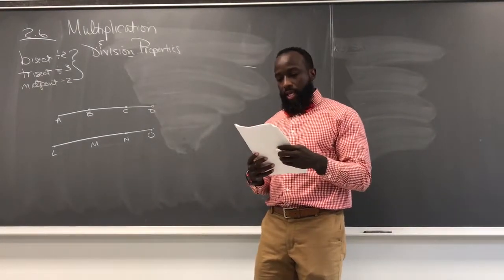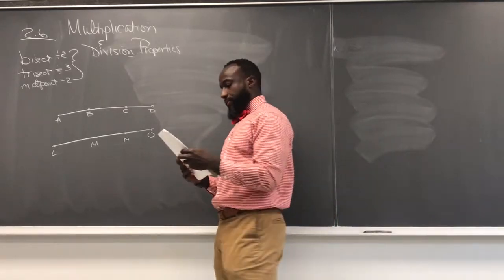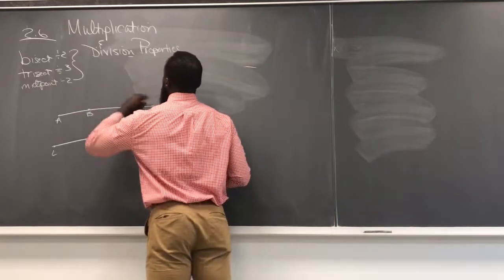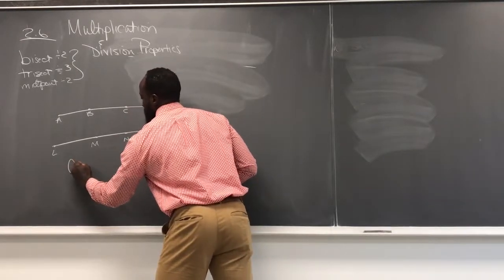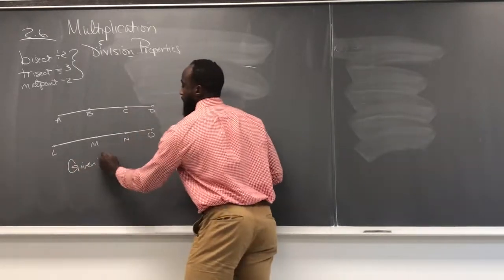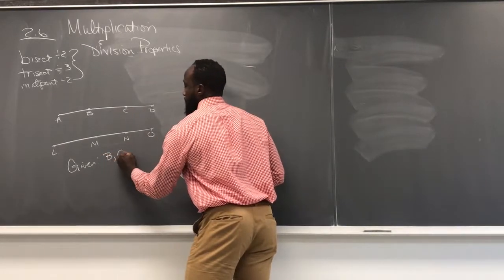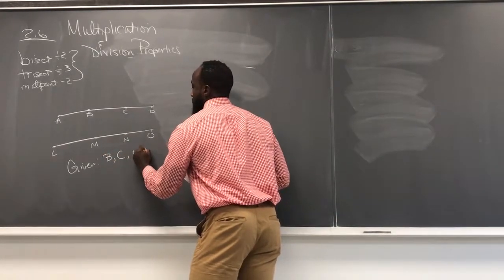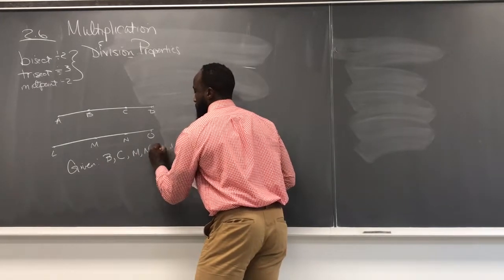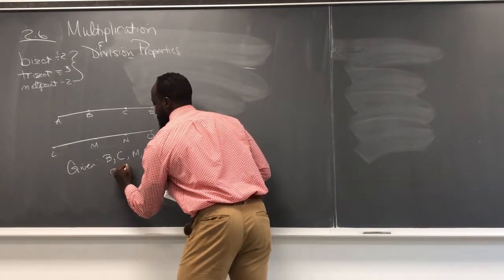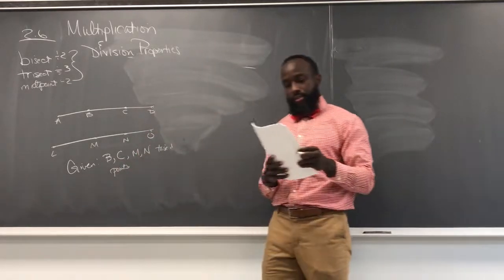All right, where we put given at? We'll put it here. Given. Our given information is that B, C, M, and N are trisecting points, right?